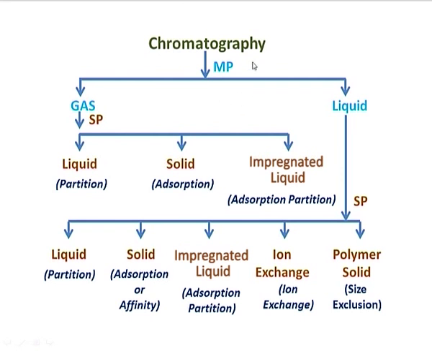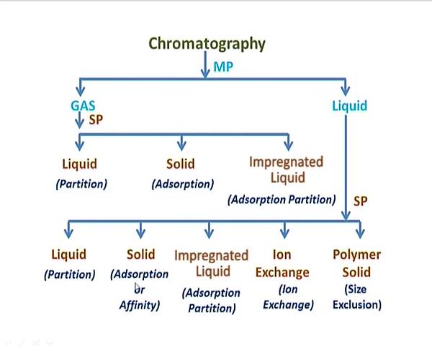The same thing extends to a liquid as a mobile phase. So, with liquid as a mobile phase, if your stationary phase is liquid, the chromatography would be called liquid liquid partition chromatography. Likewise, if the stationary phase is a solid, the chromatography would be called liquid solid adsorption chromatography.